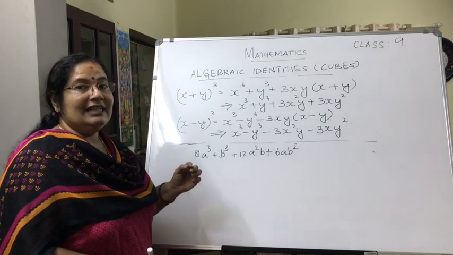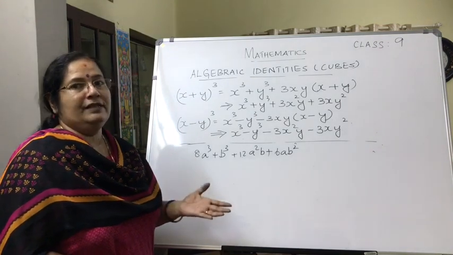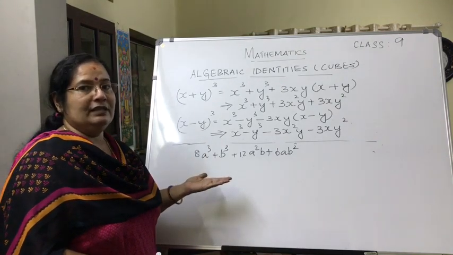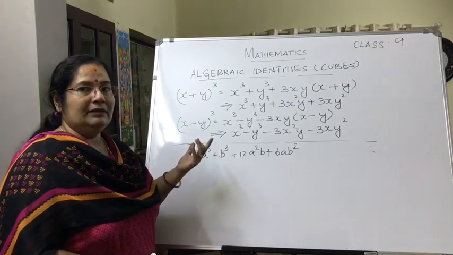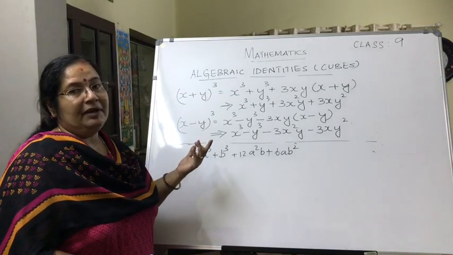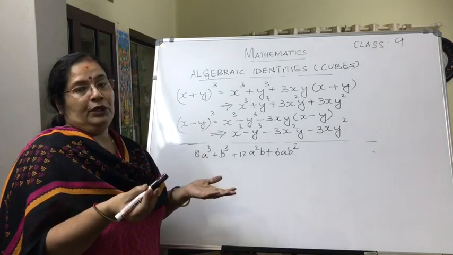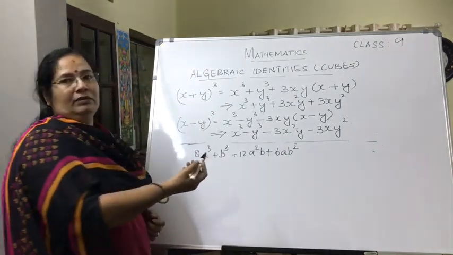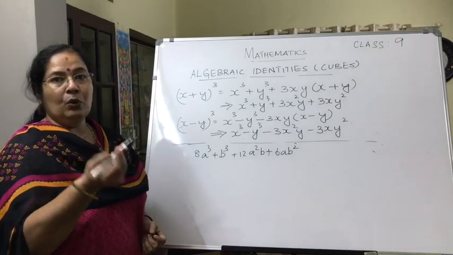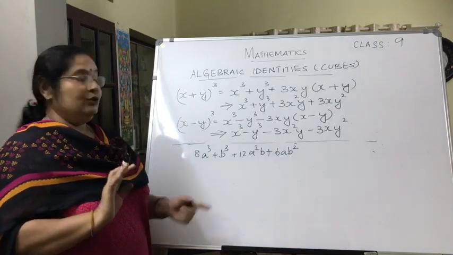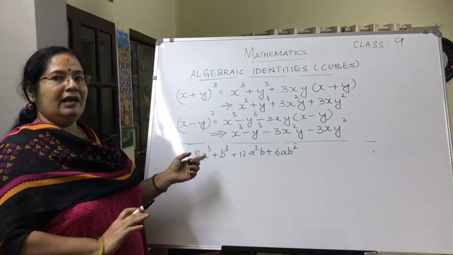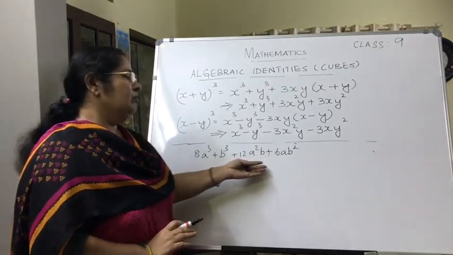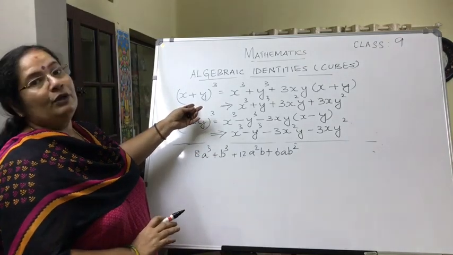See whether they are perfect cubes or whether they can be written as perfect cubes. 8a cube. Can it be written? Yes, it can be written as 2a the whole cube. 2a the whole cube will be 8a cube. B cube. b the whole cube is b cube. So, if the first two terms can be written as perfect cubes, then this would almost correspond to which identity?